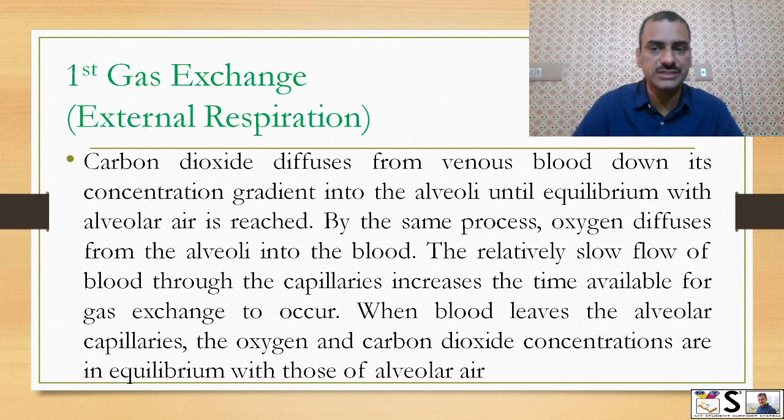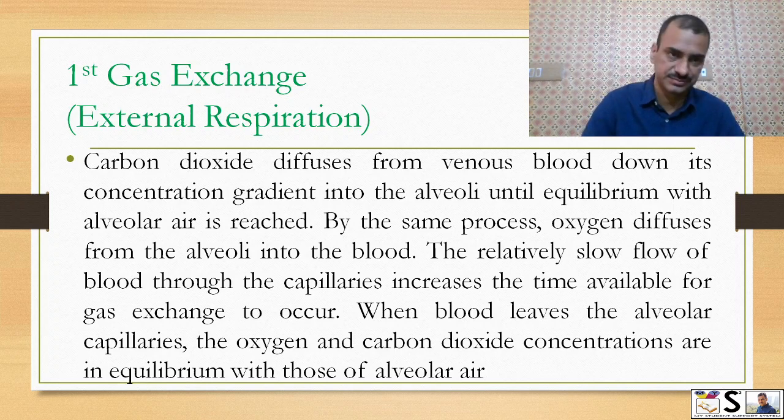By the same process, oxygen diffuses from alveoli into the blood. The relatively slow flow of blood through the capillary increases the time available for gas exchange to occur. When the blood leaves the alveolar capillaries, the oxygen and carbon dioxide concentrations are in equilibrium with those of the alveolar air.